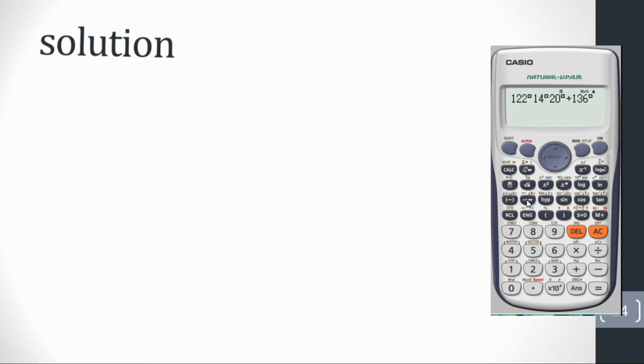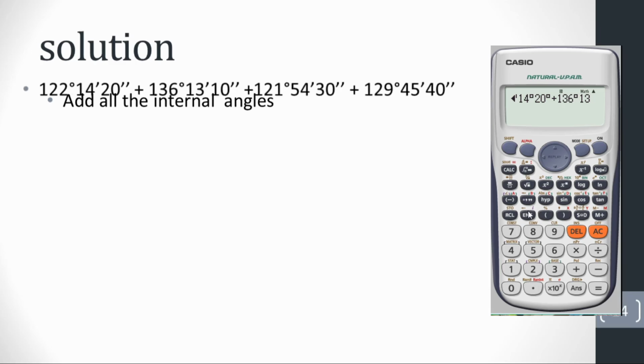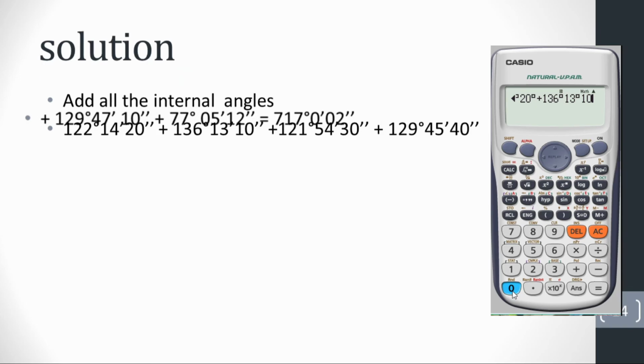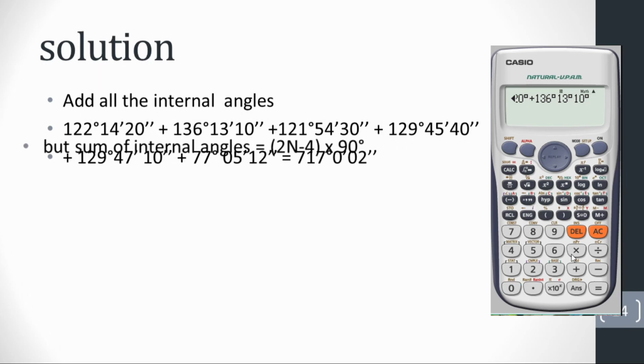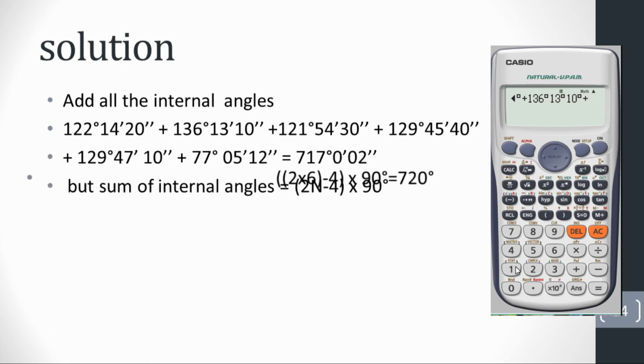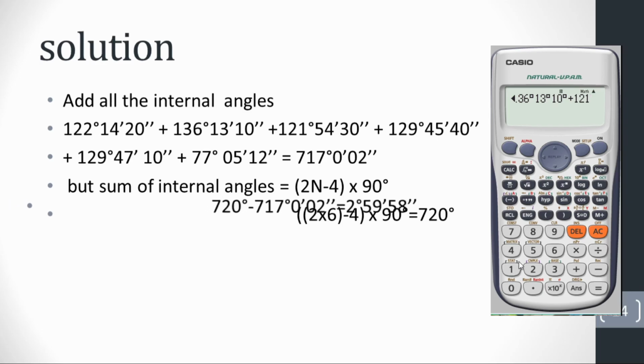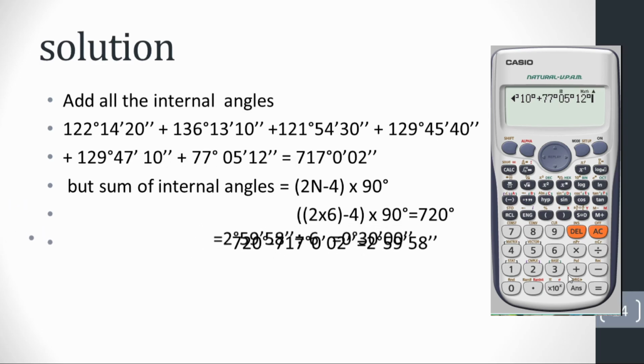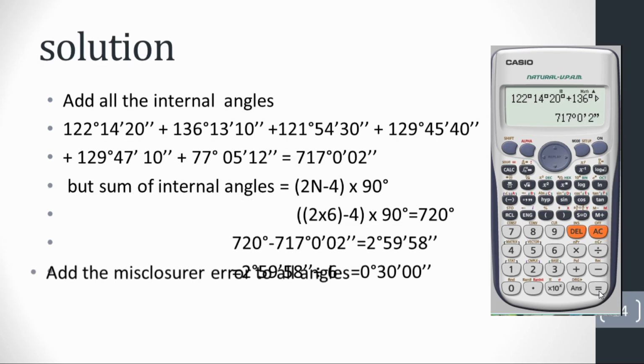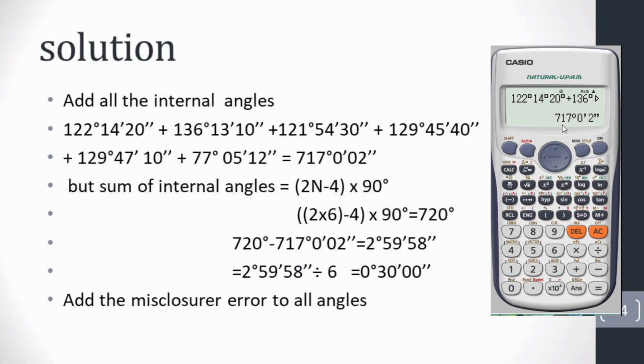So our first thing, we add all the internal angles. After adding all our internal angles, we see if our answer is correct or if there was an error. By adding all those internal angles, our total becomes 717 degrees 0 minutes and 2 seconds.